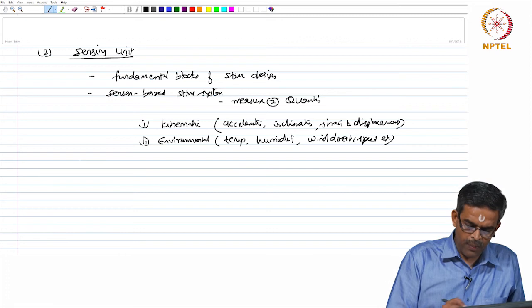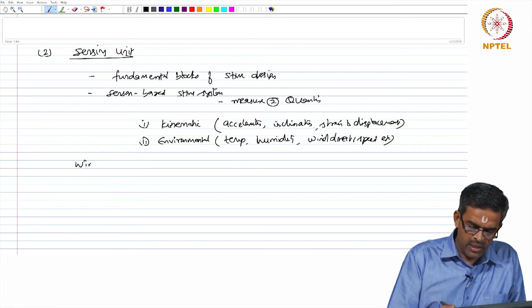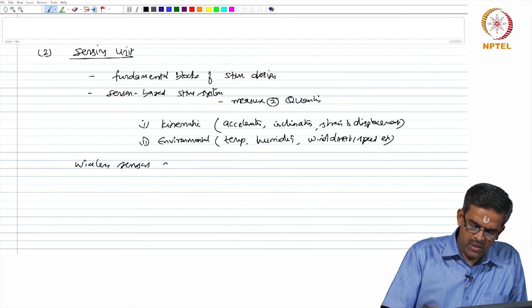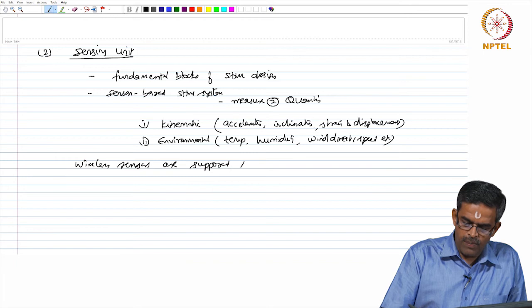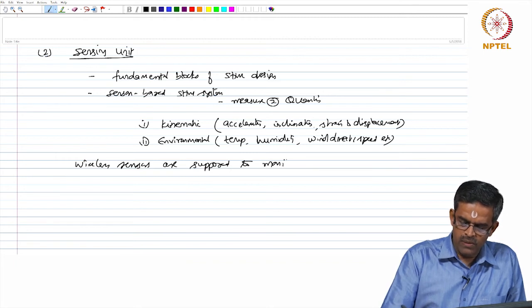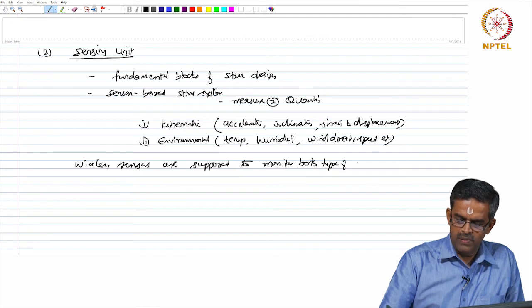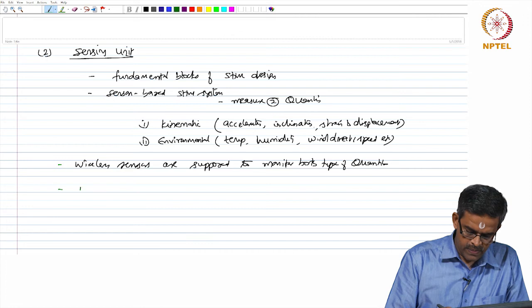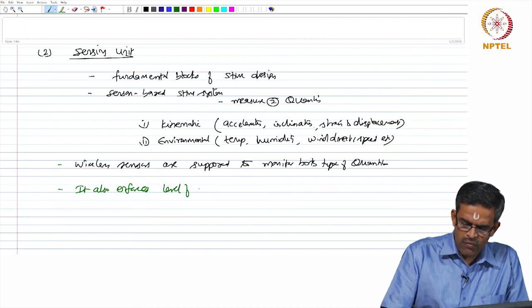Wireless sensors are proposed to monitor both kinds of quantities. It also enforces the level of monitoring.